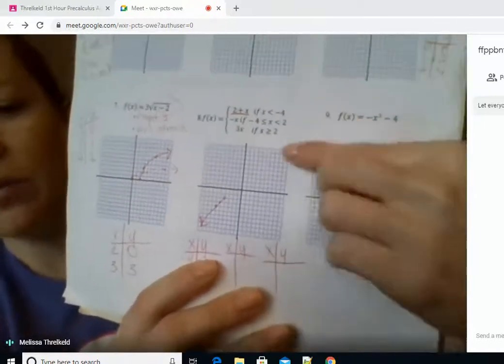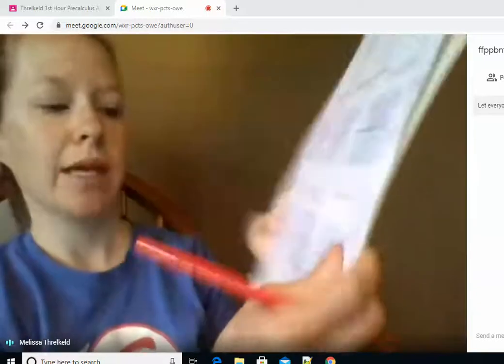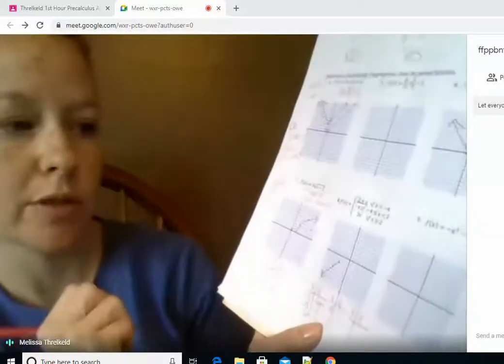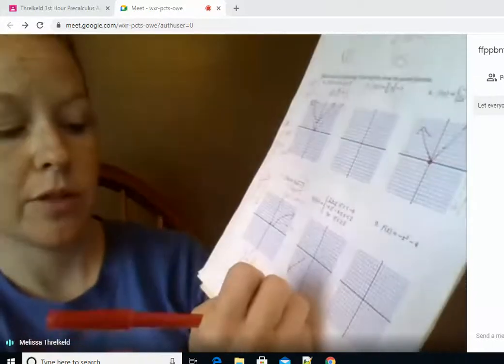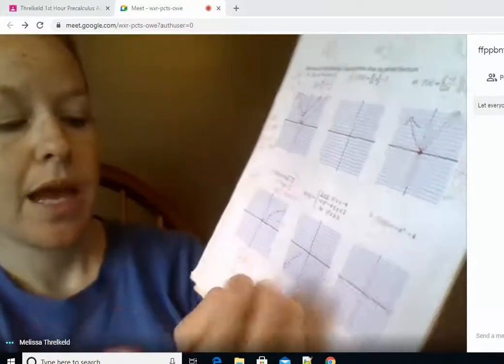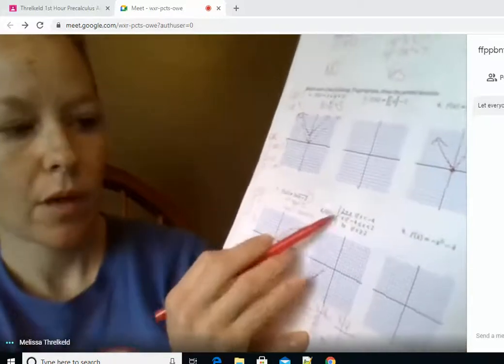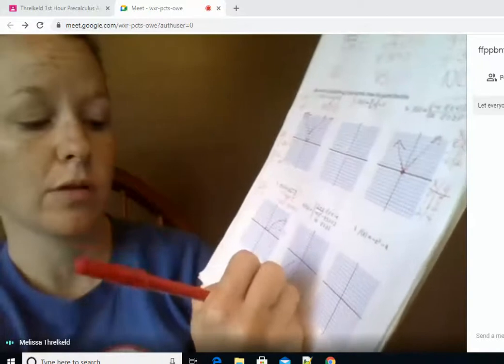Second one. This one gave me a starting and a stopping point. So I have to plug in both of those. So I have to put in a negative 4. It had an equal to, so it'll be closed. I have to put in a 2. It did not have an equal to, so that one's open. And then I'm going to put something in the middle, maybe a 0. So this is asking for the opposite of x. So the opposite of negative 4 is 4.